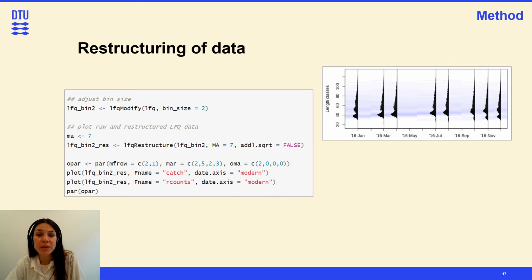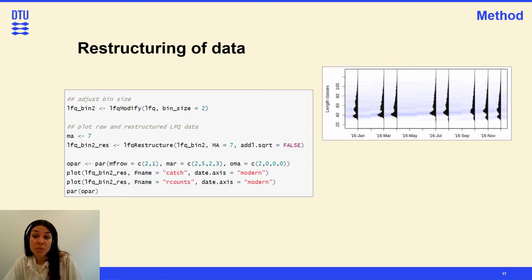Practically, it is recommended to start by visualizing the raw and restructured length frequency data, which helps to determine an appropriate bin size and the moving average. The function LFQ-modify allows to change the bin size, and the function LFQ-restructure is used for the actual restructuring process, where the argument MA allows for the control of the number of bins used to calculate the moving average.